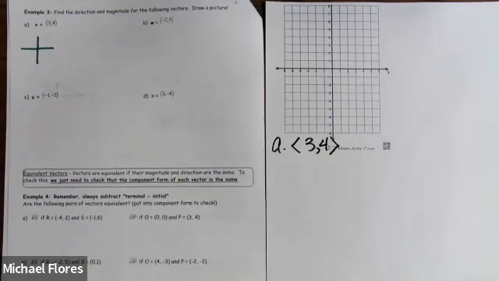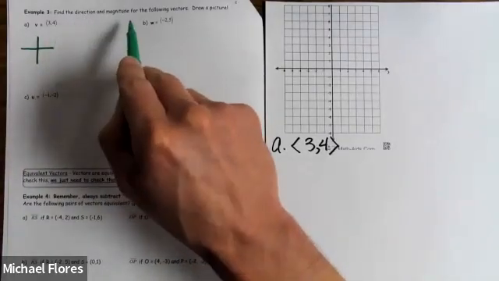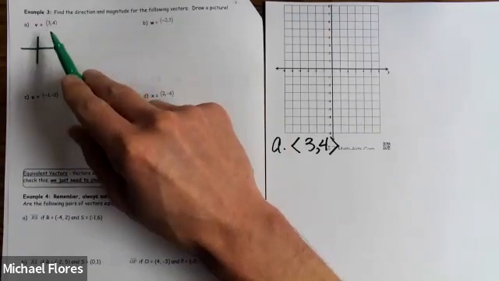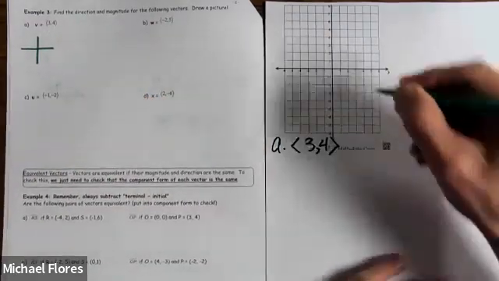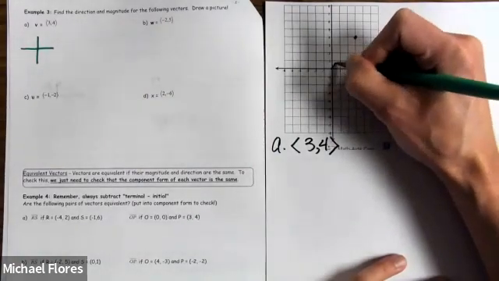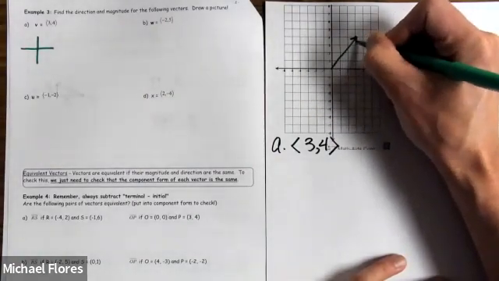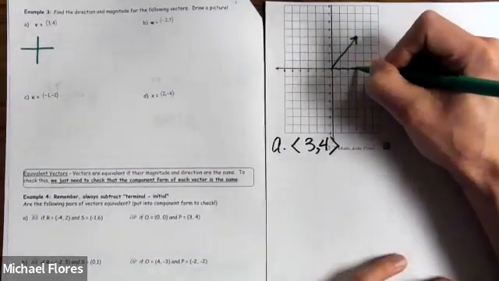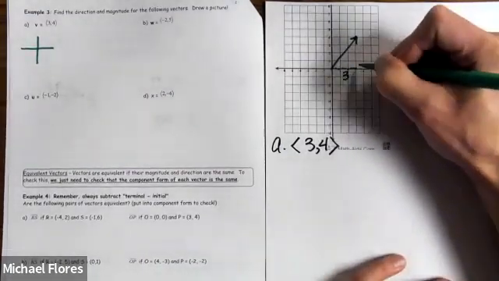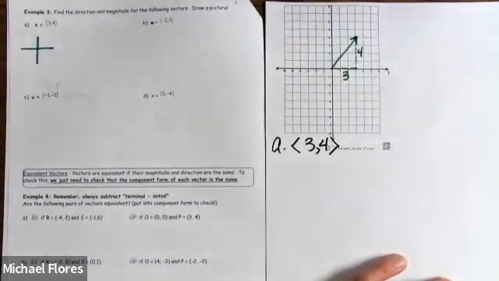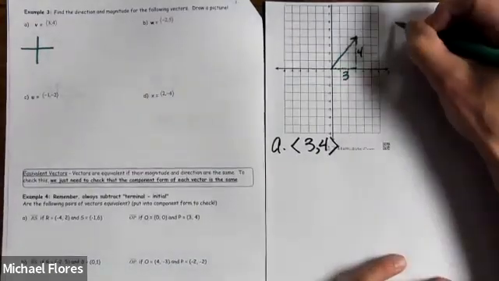Okay, so here we go. If we're going to find the direction and magnitude for the following vectors, they have given us the component vector 3, 4. So we would want to plot that first. Okay, so there's our vector. They've already let us know that it consists of components 3, that's our x value, and 4, that's our y value. So we need to find the magnitude first.